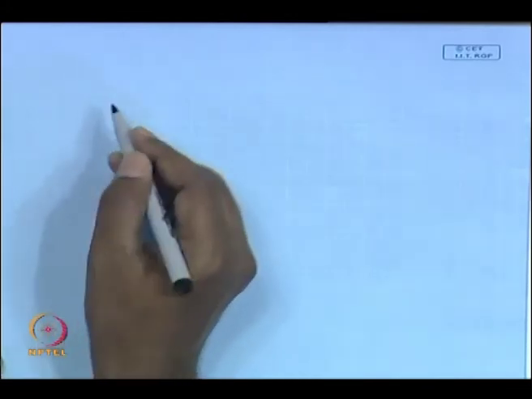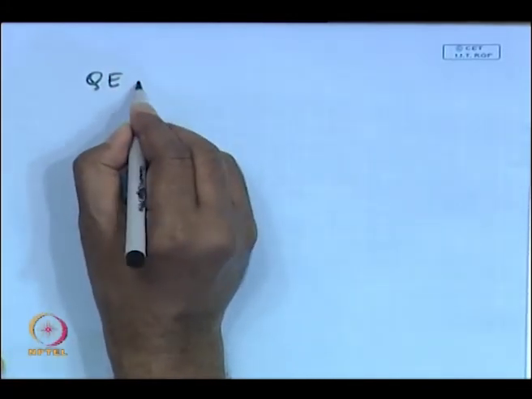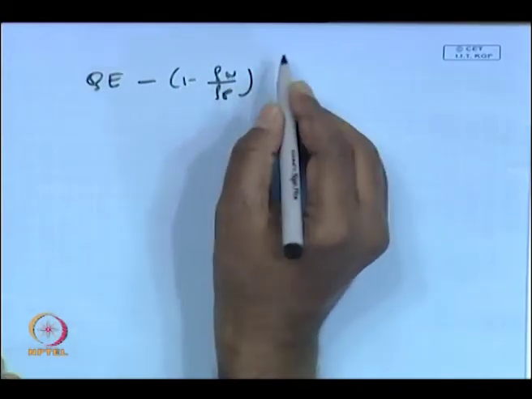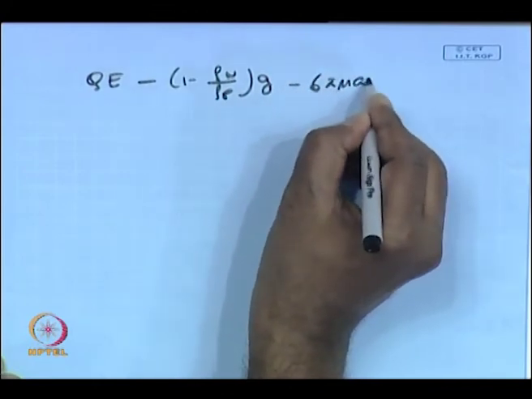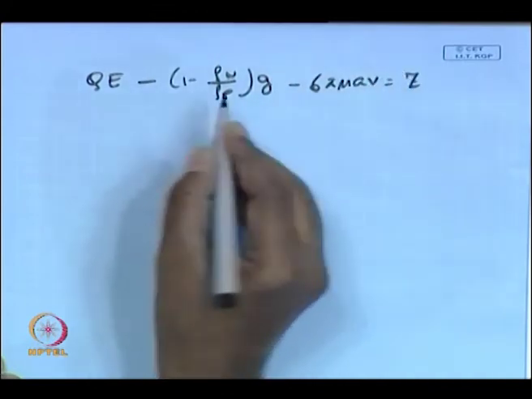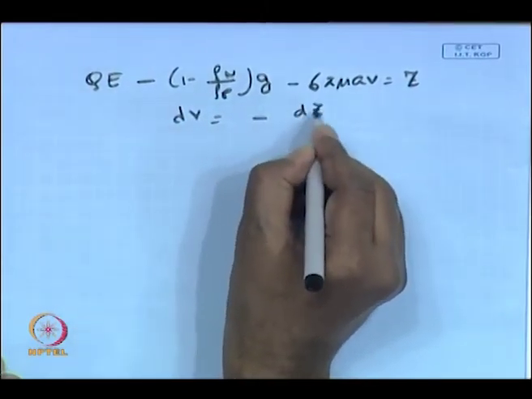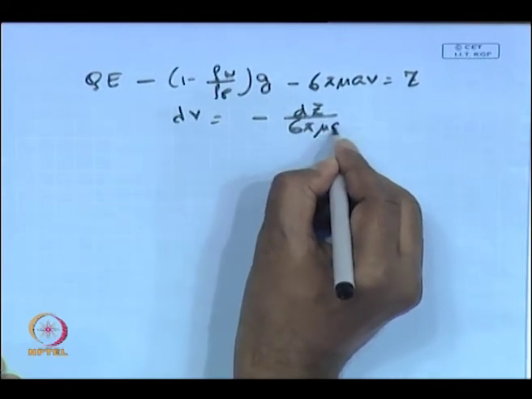Now the things become very simple, and you just do the integration. For integration you do this transformation: Q E minus 1 minus rho w by rho p times g minus 6 pi mu A V is equal to z. So, dV will be nothing but minus dz divided by 6 pi mu times A.